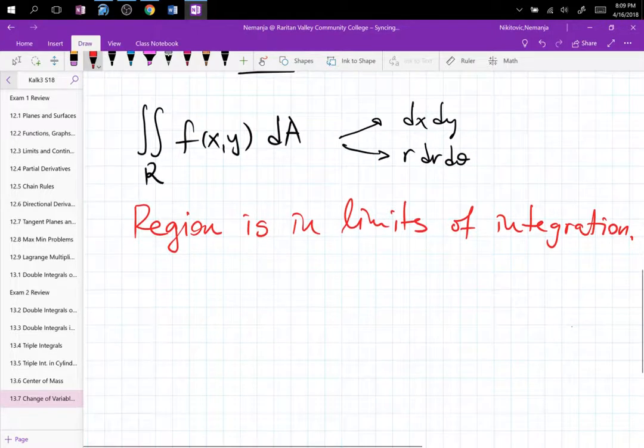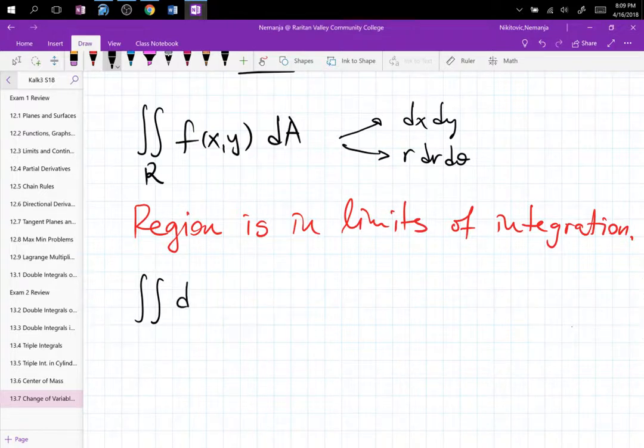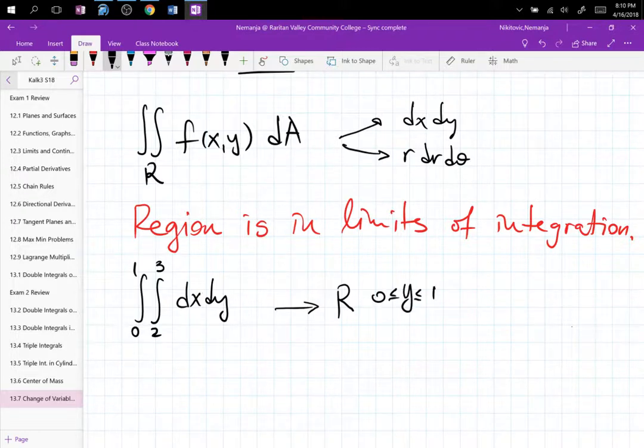We studied that before. You know that if you have an integral of, let's say, 0 to 1 and 2 to 3, very like this, your region is y between 0 and 1 and x between 2 and 3.